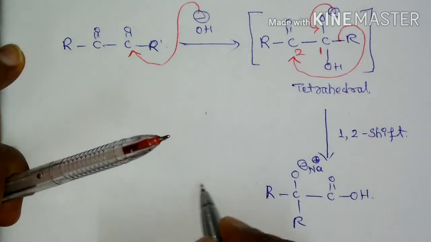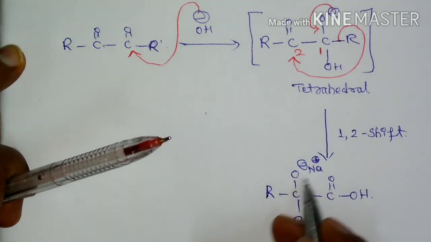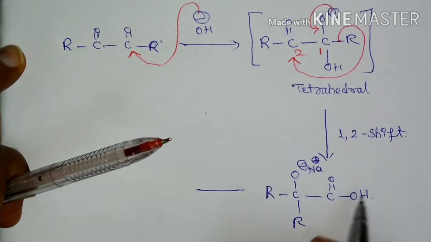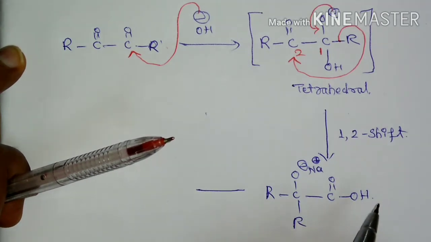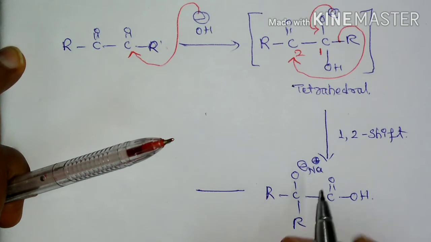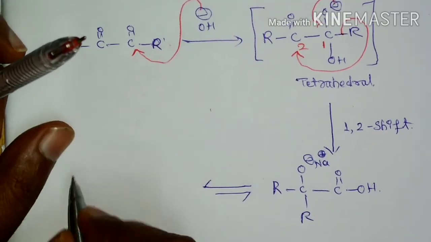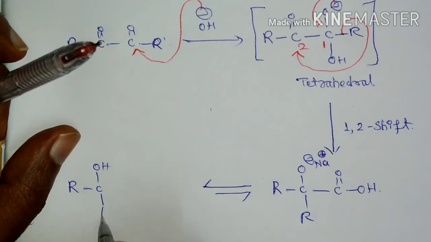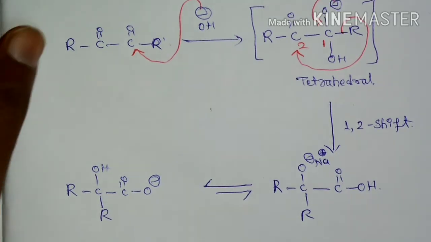Since this carboxylic acid can donate the proton to this alkoxide, and the anion formed on this carboxyl group is more stable than the alkoxide, proton transfer will occur and it is going to form a carboxylate ion.